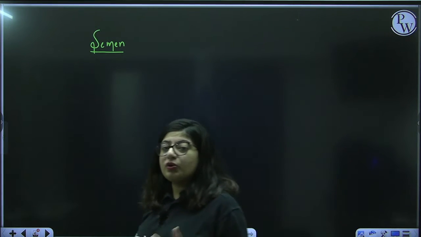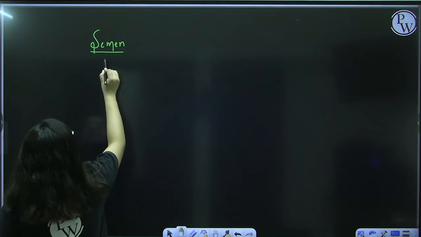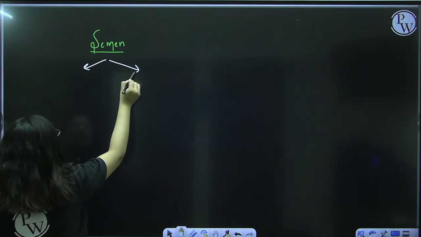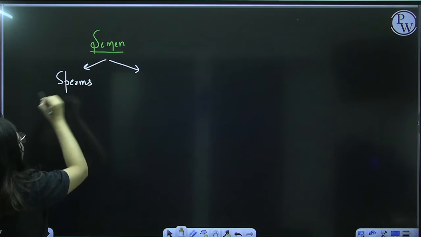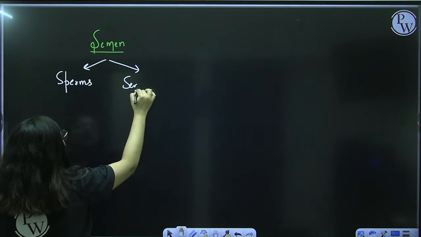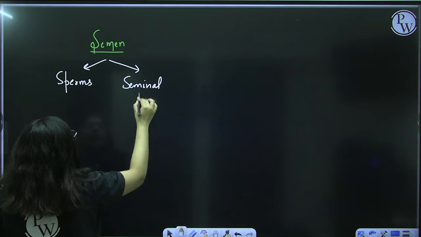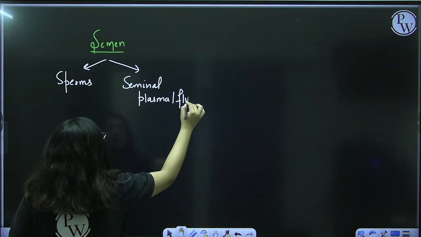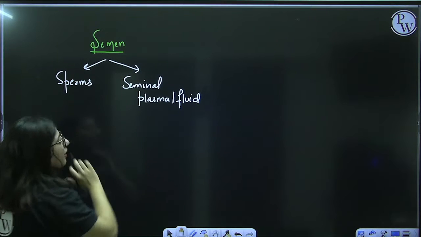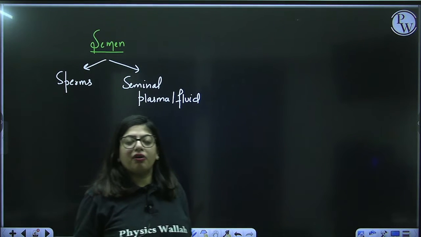Semen, as I've told you, is white in color and it is made up of 2 things, or we can say it contains 2 things. One, sperms from testes, and second, seminal plasma or fluid. So this is a very important body fluid of male.